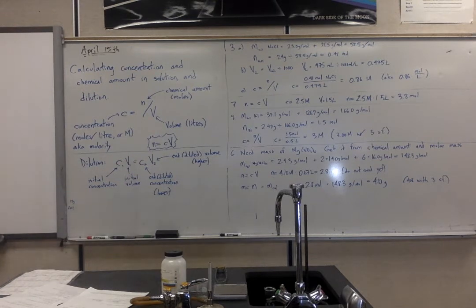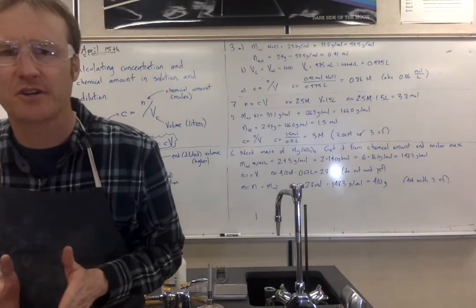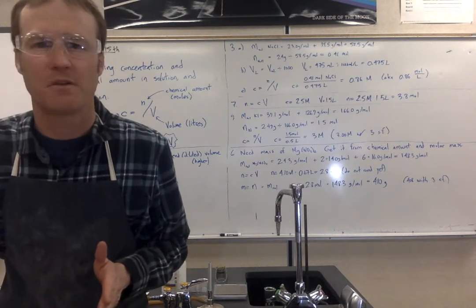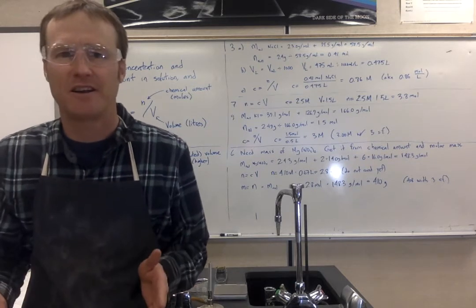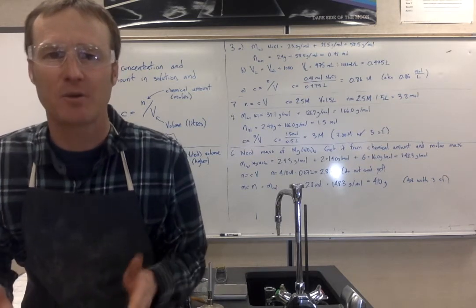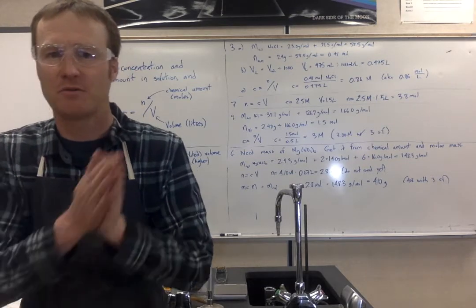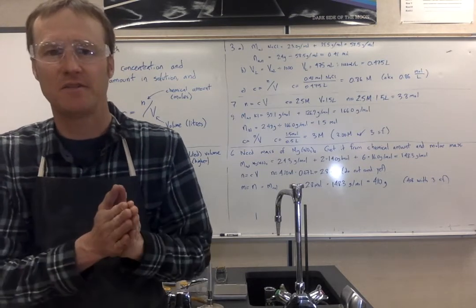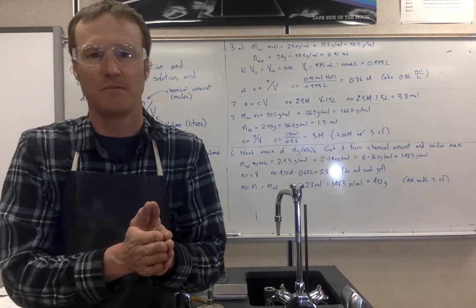This is based on the fact that when we're doing dilutions, we're not throwing any of the chemical away, or hopefully not dumping any of it anywhere. The chemical amount doesn't change. So remember from that first equation, the one I showed you earlier, N equals CV. The chemical amount, N, equals concentration times volume.